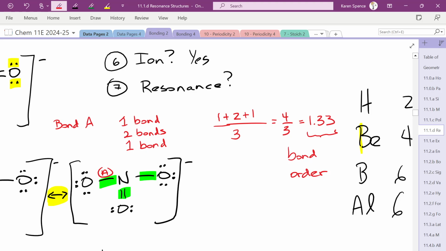And if that is the case, what can you say about the lengths of the bonds in NO3? Are they different or are they the same? Same. They're all the same. All the bonds in NO3 are the same strength and the same length.